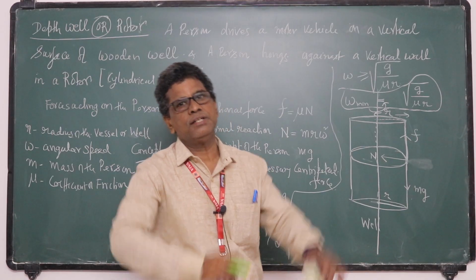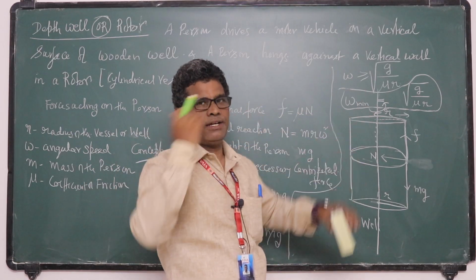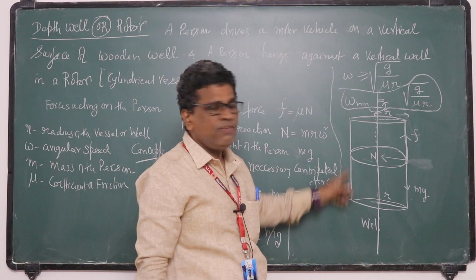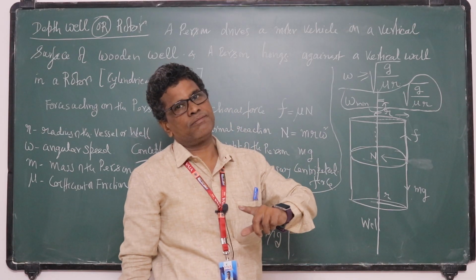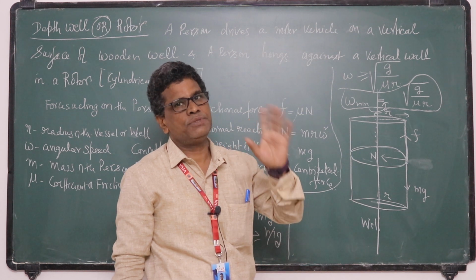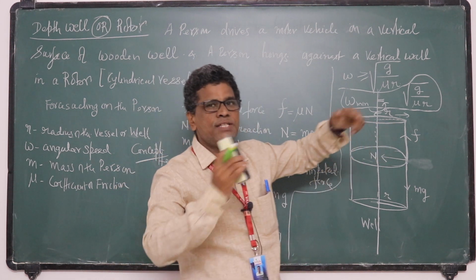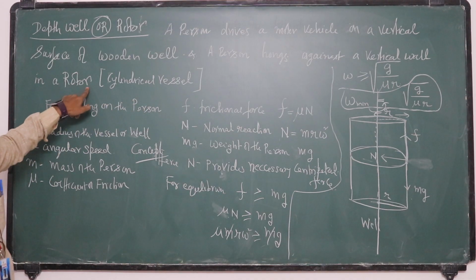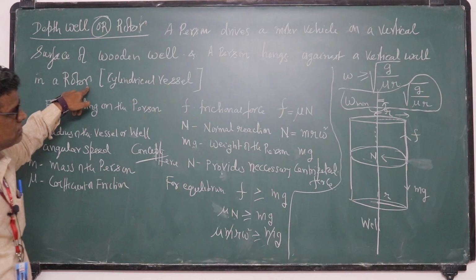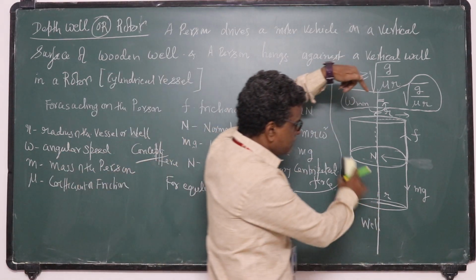In the previous case, the cylinder is at rest and the person is rotating. Clear? Observe these two. Here the cylinder is rotating, that is called a rotor, the object which rotates.